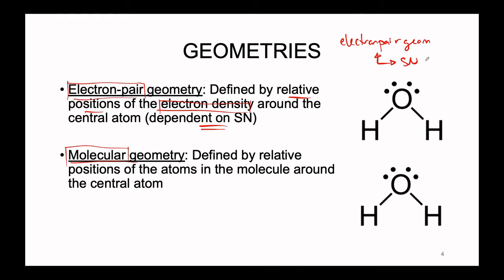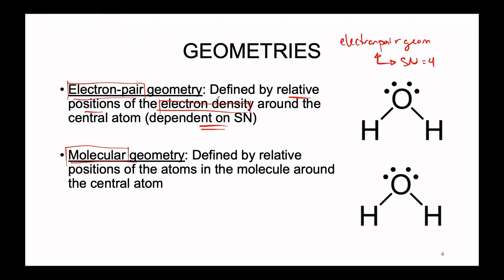So a steric number, let's say for water equal to 4, has one specific electron pair geometry, and we're going to define what that is in a second. Similarly, if we were to look at a molecule that had a steric number of 3, there would be one given electron pair geometry. It's always going to exist in this 1-to-1 correlation.